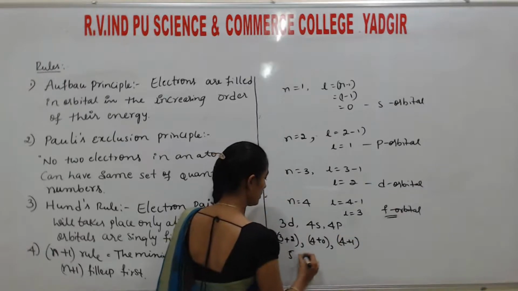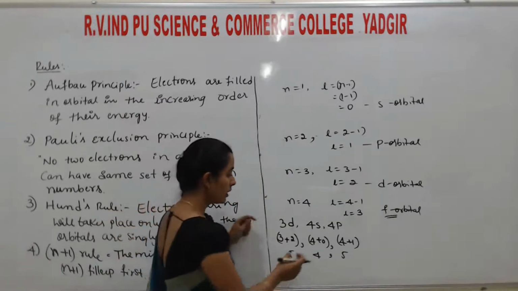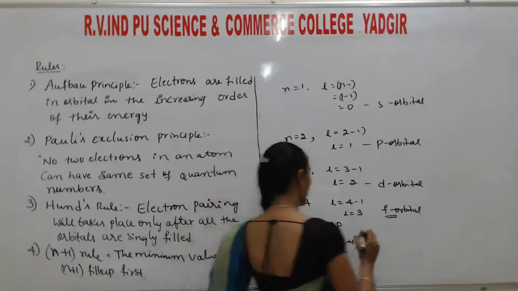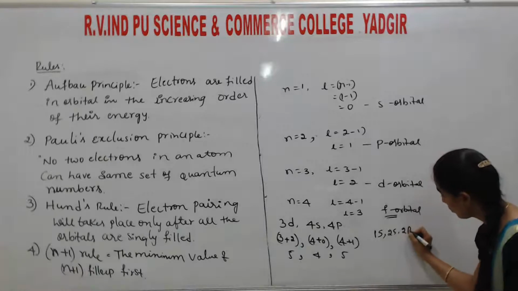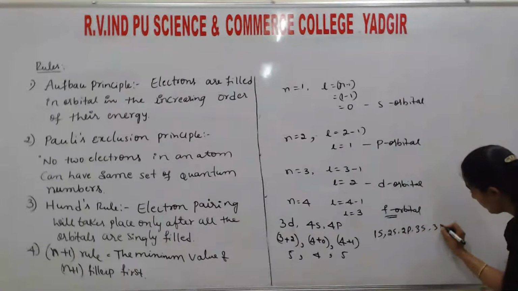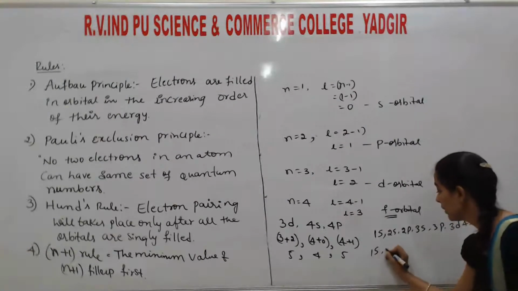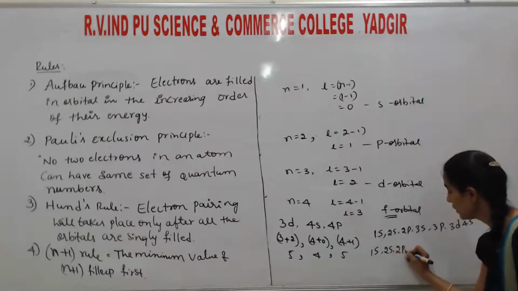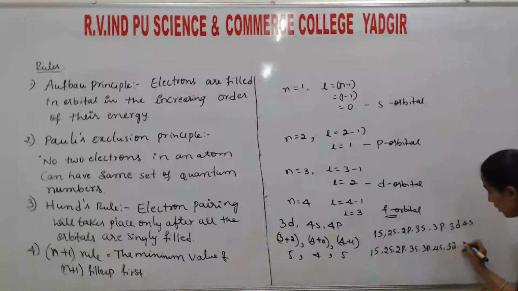So this is also 5, this is 4, this is 5, students. So in the electronic configuration, which one has the lowest n plus l value? If you want to write the configuration, students, it would be 1s, 2s, 2p, 3s, 3p, 3d, 4s, right? But instead of this, here 4s fills up before 3d. The actual configuration is 1s, 2s, 2p, 3s, 3p, 4s, 3d, 4p.